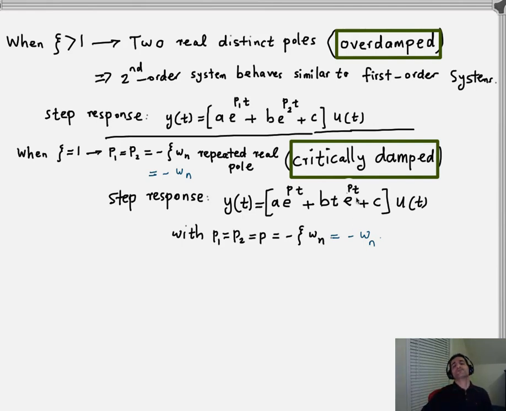This case is called critically damped. So when you have a repeated real pole, meaning zeta is equal to 1, this is critically damped. When zeta is greater than 1, it's overdamped.